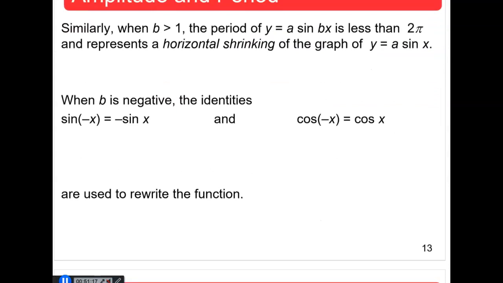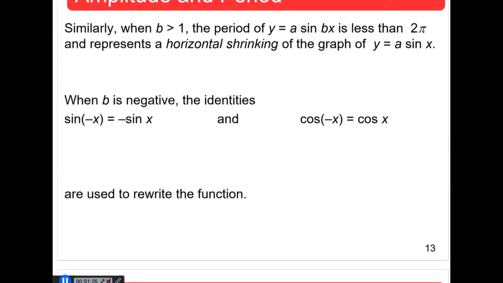Okay, so similarly, when B is greater than 1, remember B is kind of like a constant that will be multiplying your x. And so it will be affecting all your x values directly. And what's going to happen is that you will be dividing those values by whatever the constant b is equal to.